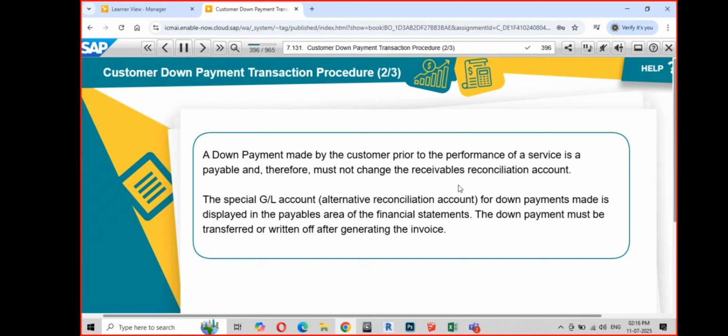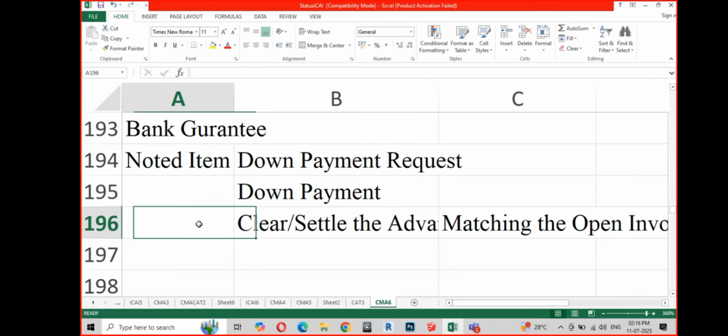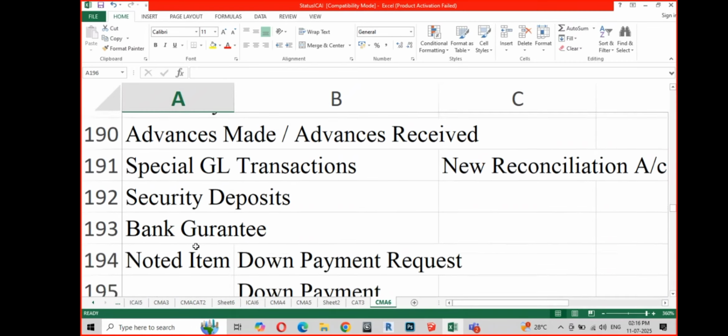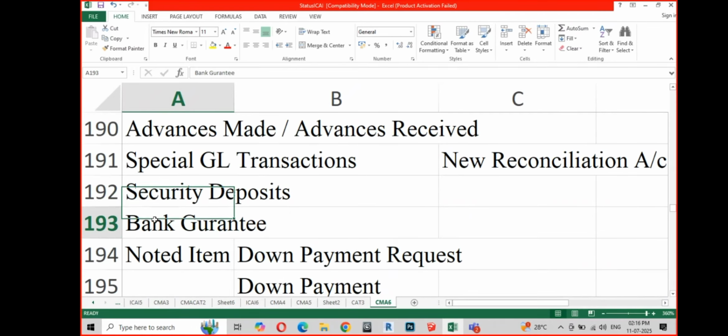And one more important point which I missed out. For SAP to identify the special general ledger transactions, for security deposit, for bank guarantee, for advances, you will have to have a set of new reconciliation accounts which will accept these transactions.